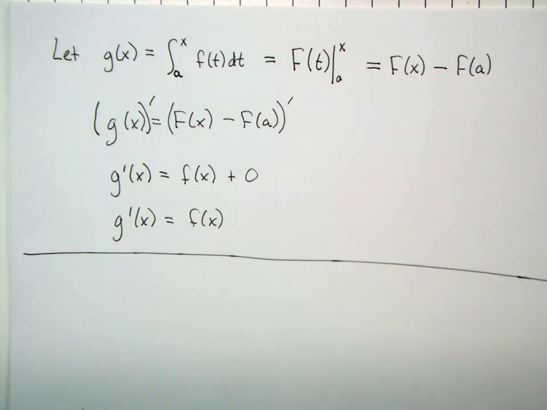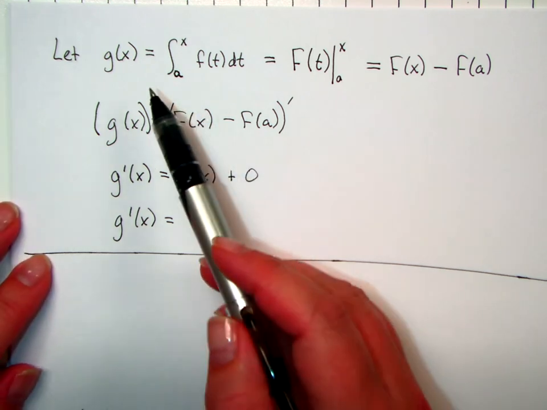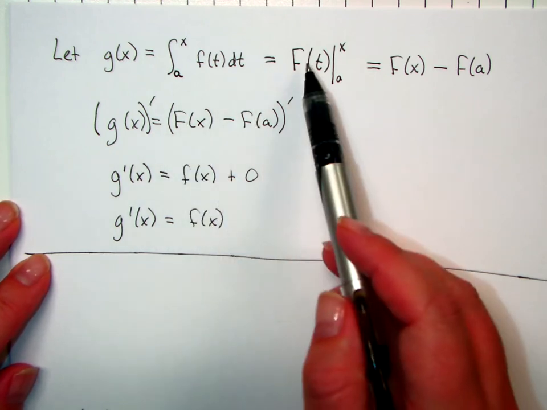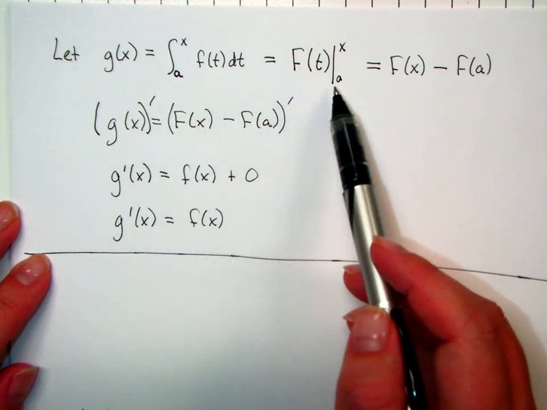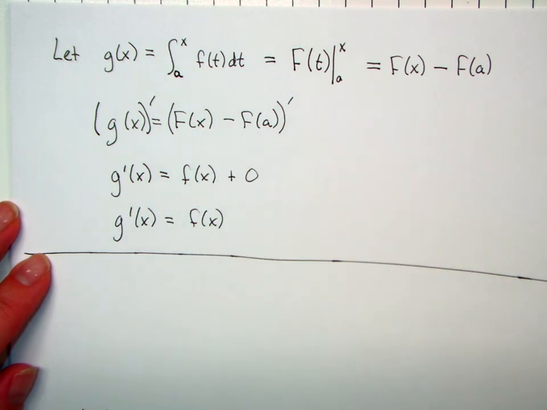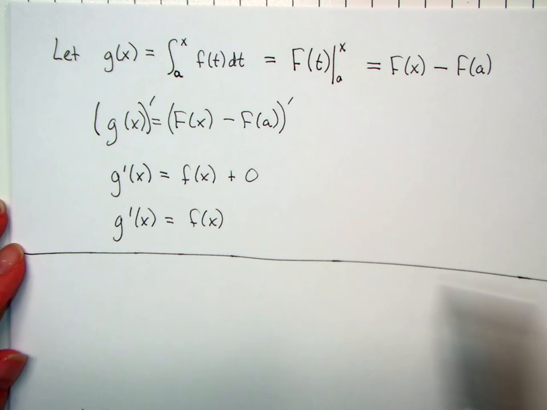It may seem like I'm waving my hands a little bit too much, but it really is this simple. You take the antiderivative evaluated at x minus the antiderivative evaluated at a. A needs to be a constant. The derivative of the antiderivative gets you back to the original function, and then we have that the derivative equals little f.